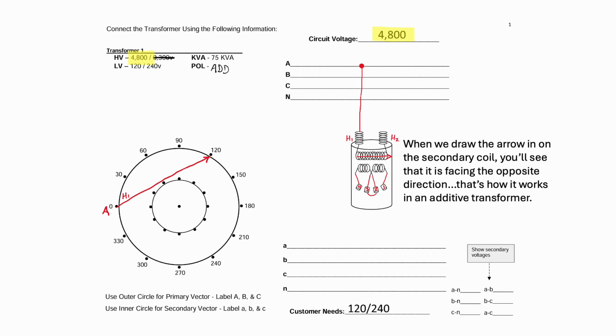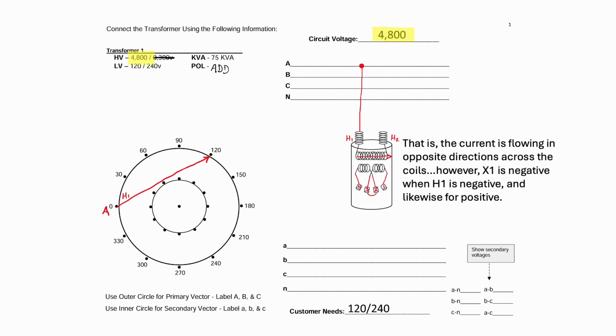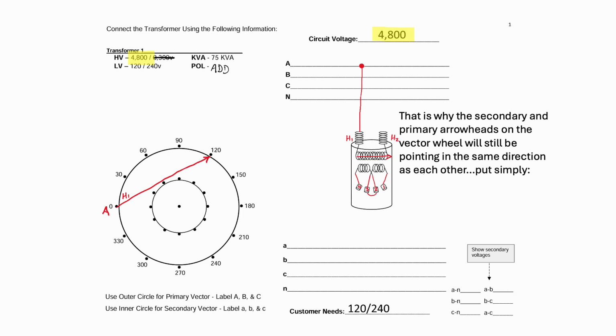When we draw the arrow in on the secondary coil, you'll see that it's facing the opposite direction in this example. And that's how it works in an additive transformer. That is, the current is flowing in opposite directions across the coils. However, X1 is negative when H1 is negative, and likewise, X1 is positive when H1 is positive.